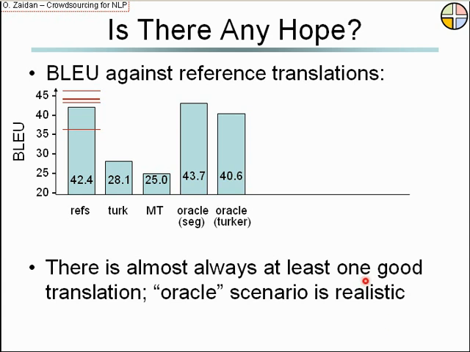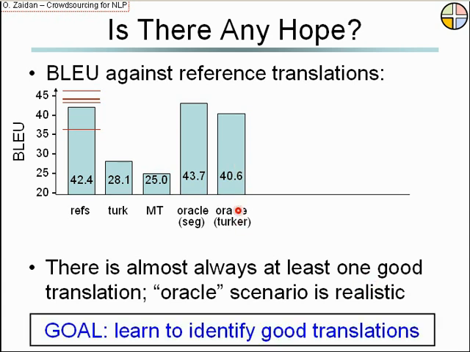So this is actually a realistic goal, trying to match the Oracle scenario. And the goal will be to identify the good translations from the bad ones. I'm going to be filling up the rest of this chart with numbers that show you how well you do when you use these filtering methods. So let's talk about how we can filter this data.